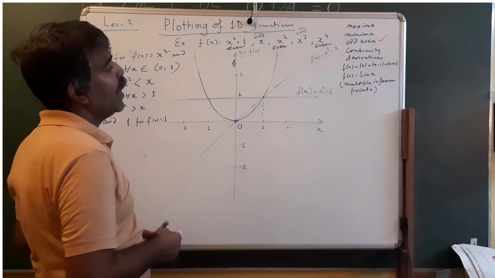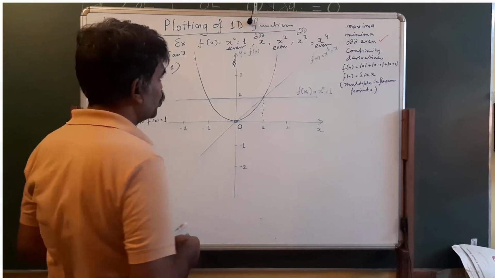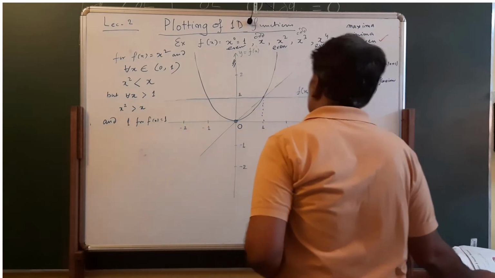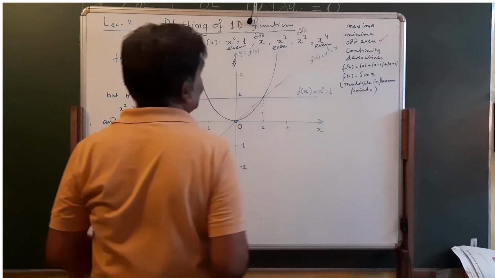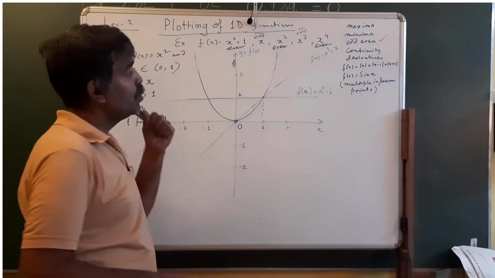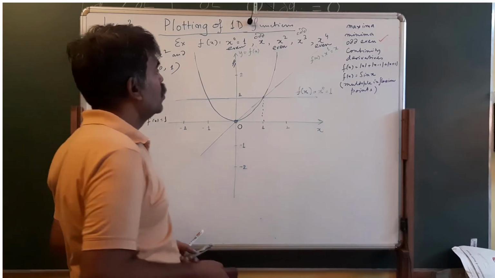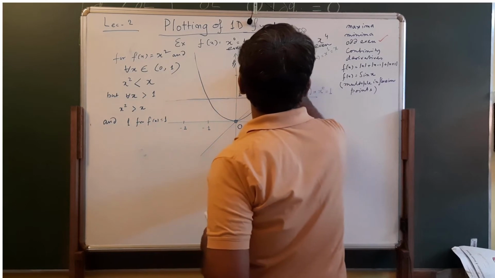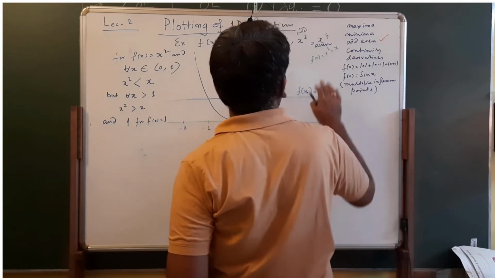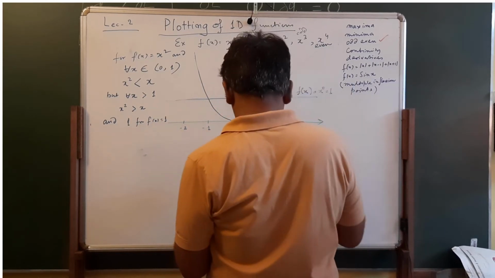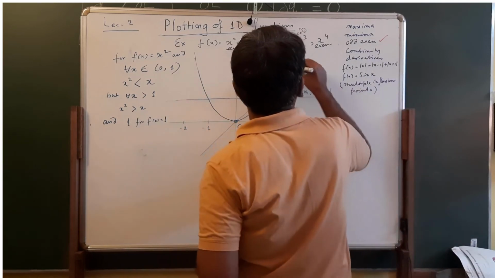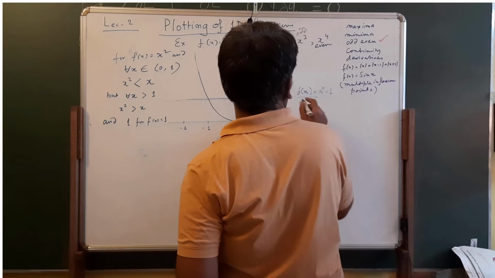f(x) equals x cube. Very similar, but is x cube odd or even? X cube is odd. So let me plot these curves. So this is x squared. This is x and this is 1.